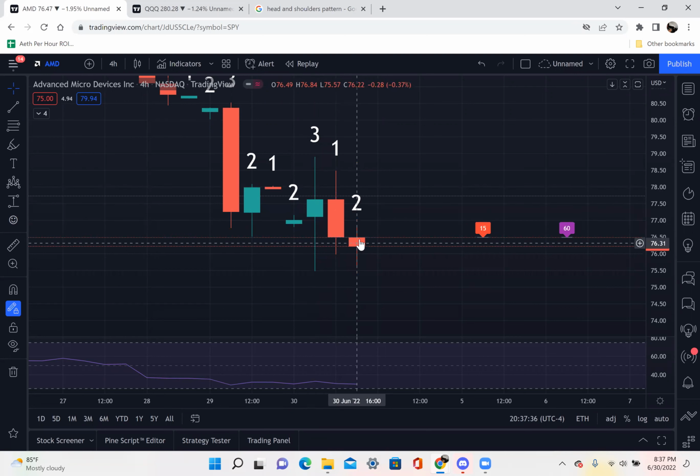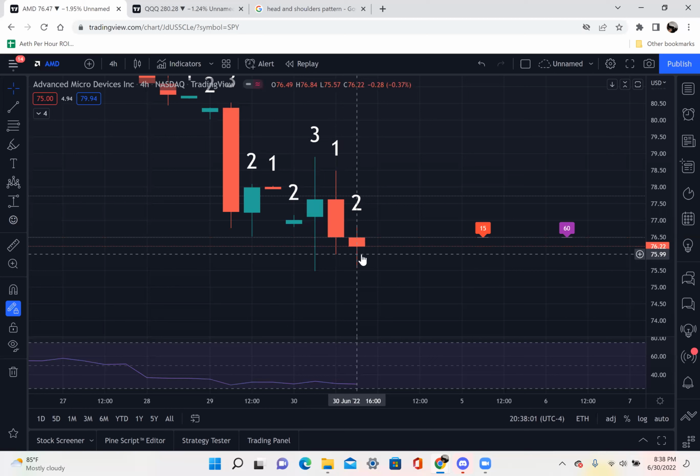The 2 now is more of a directional bar, right? You normally want to trade the 2, because the 2 is directional. What I mean by that is the 2s always break either one of the sides, either the high or the low. In this case, it's a 2 down because it broke the low of the previous candle, and that was the direction.